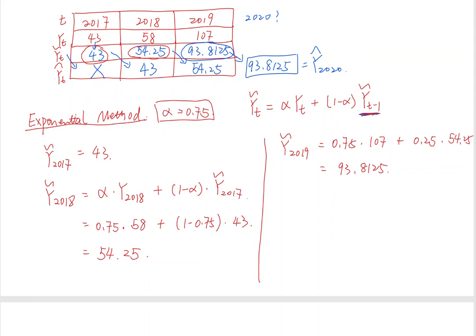So this is why for the smoothing method, we can only make the prediction or forecasting for the future for one time period, because after 2020, you do not have any further information to calculate the next predicted value. Alright, so be careful about the difference between the simple moving average and the exponential method.